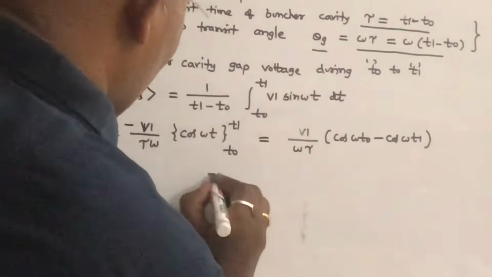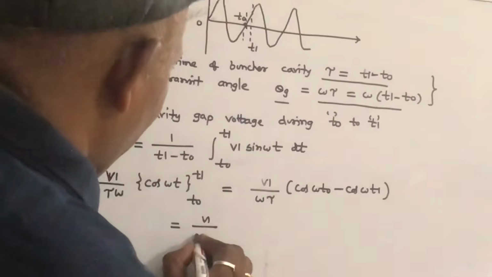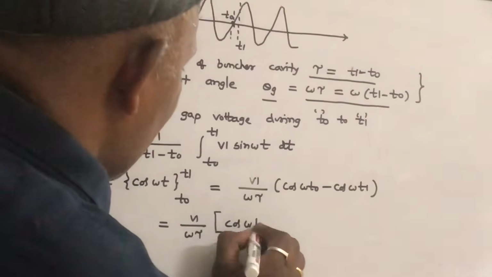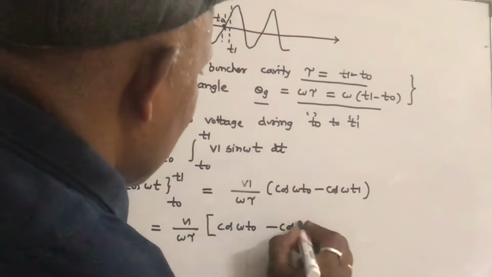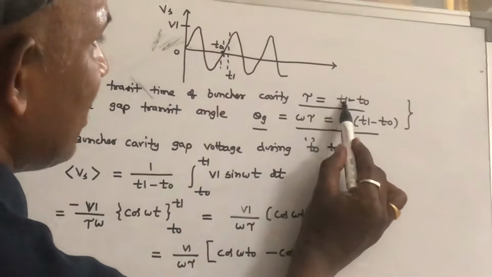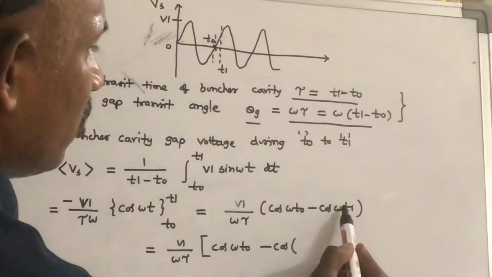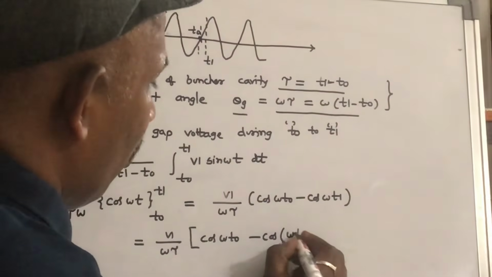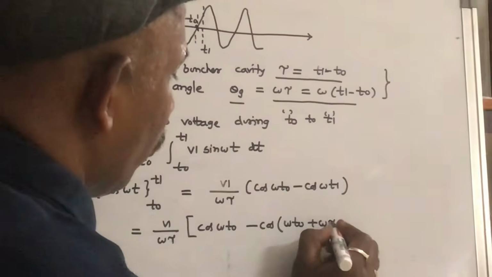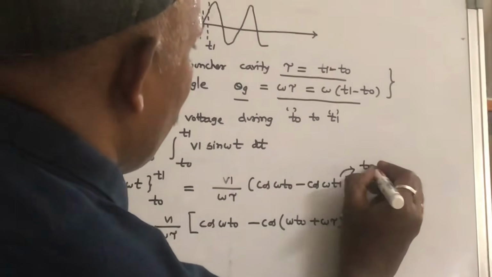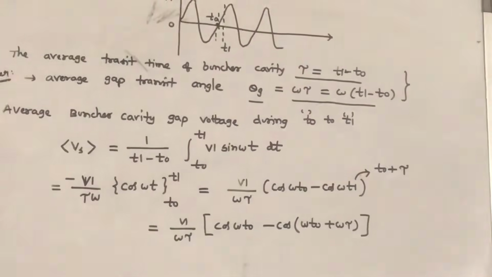So let us further simplify this. V1 by omega tau, cos omega T0 minus cos, substitute what is T1 here. So T1 can be substituted as T0 plus tau. This is written as omega T0 plus omega tau. So substitute here, T1 is equal to T0 plus tau in this formula.